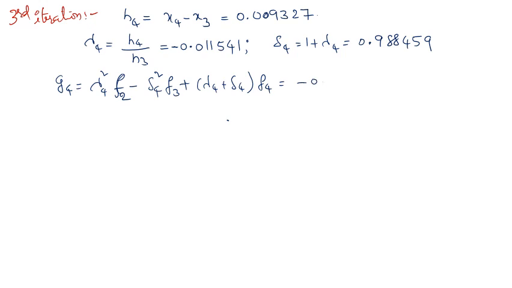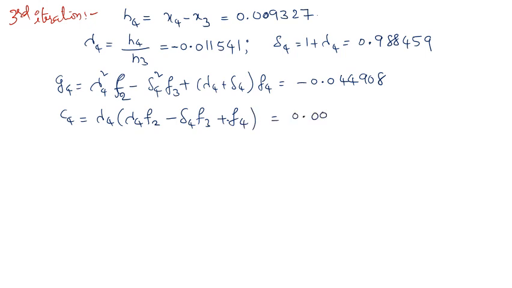This is equal to minus 0.044908. Next, the C4 value is lambda 4 into lambda 4 f2. I am just substituting the values in the general formula, and substituting every value I am getting simplified values.